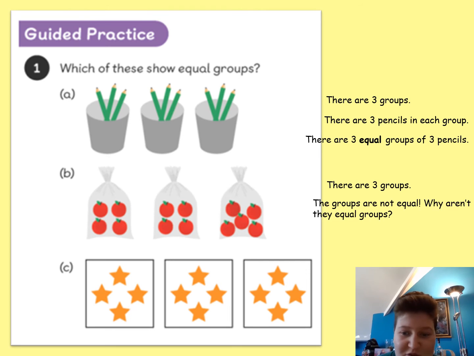But the groups are not equal. Why aren't they equal groups? Because they've not got the same number of tomatoes in each group. Now look at the stars. There are 3 groups. There are 4 stars in each group. They each have 4, which means the groups are equal. There are 3 equal groups of 4 stars.